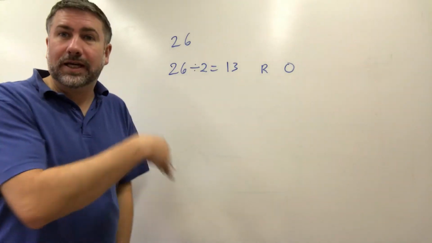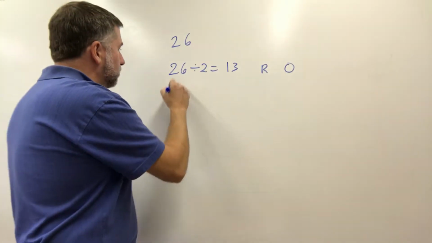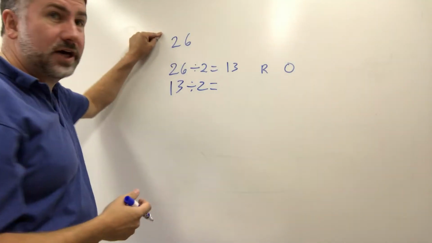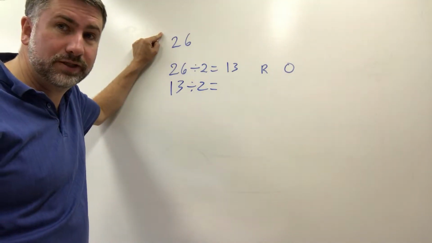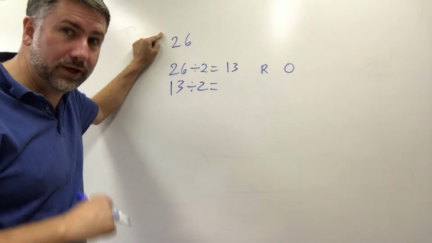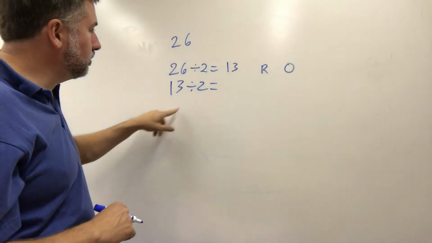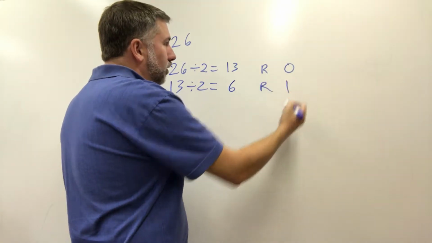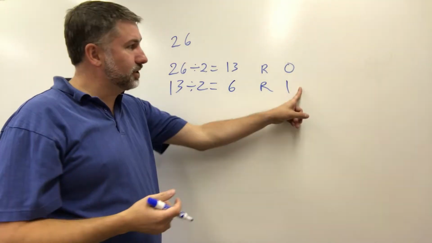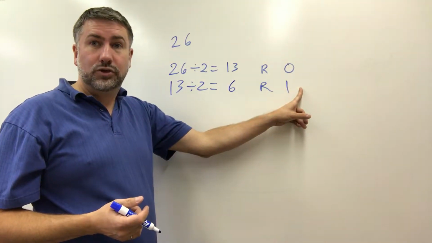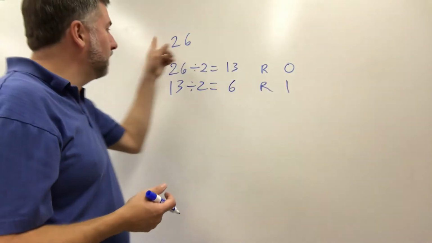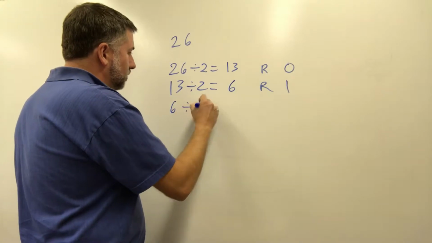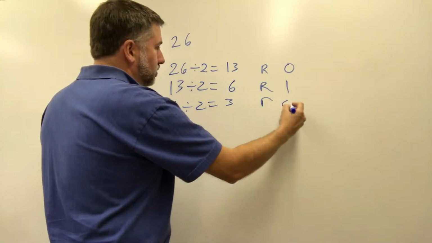Then we do the same thing again with the next value. So 13 divided by 2 is actually going to be 26 divided by 4, and that'll tell us whether there is a bit in the 2 to the power of 1 place. So 13 divided by 2 is 6 with a remainder of 1. That tells us there's a 2 in the number because we divided by 2 and we got a remainder. Now we do the same thing again. 6 divided by 2 is 3, remainder 0.